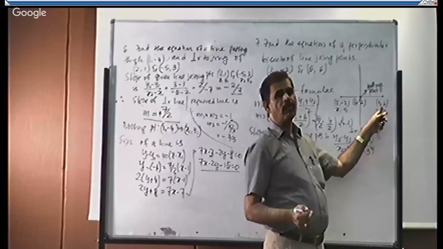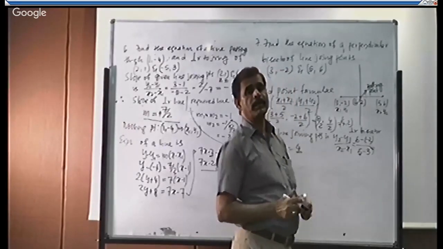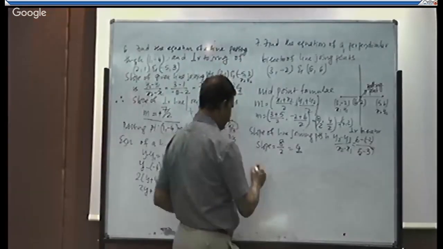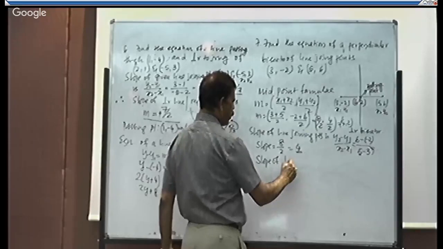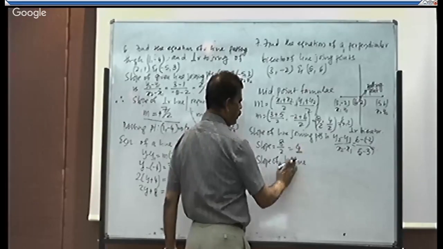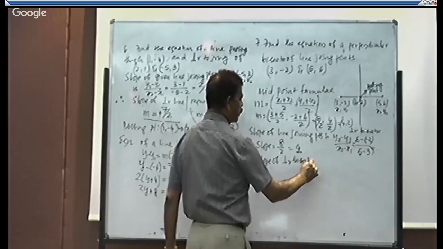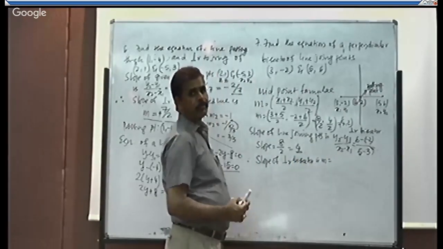With that, how to get the slope of the perpendicular bisector? Use the perpendicular slope condition. Therefore, the slope of the perpendicular bisector is m. What is m?